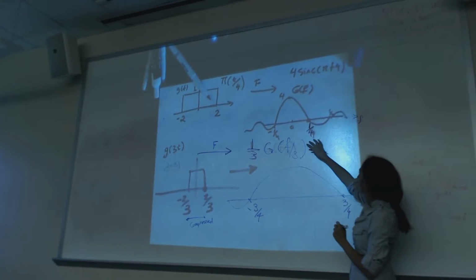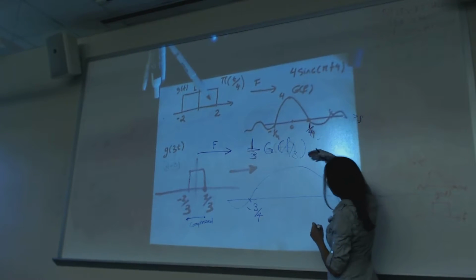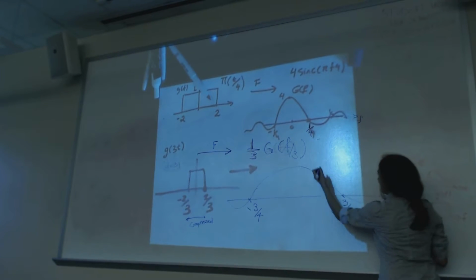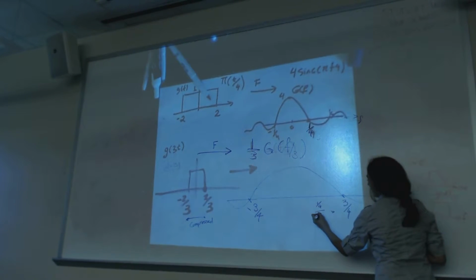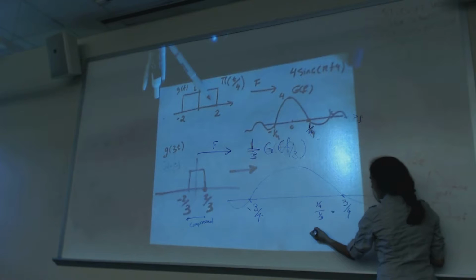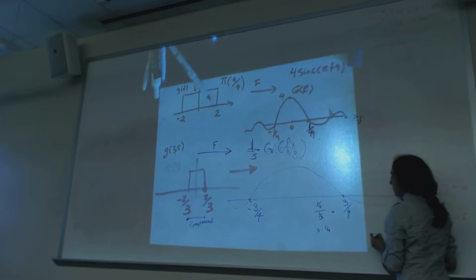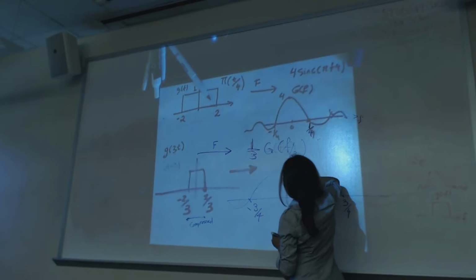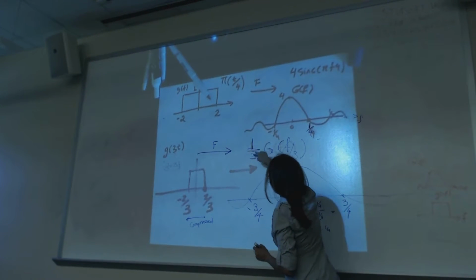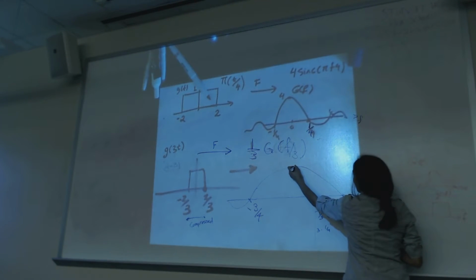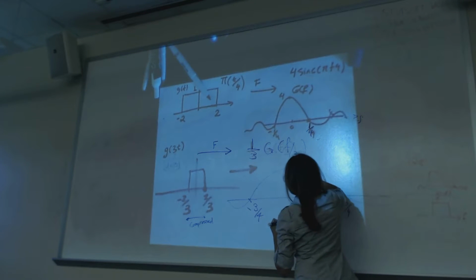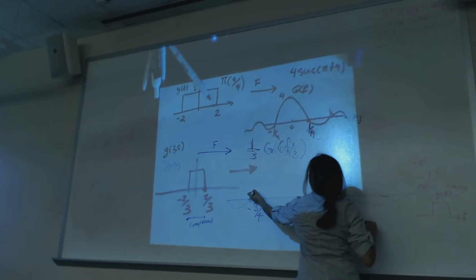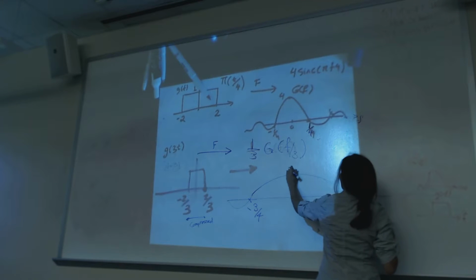So I basically divided these by 1 over 3, or in other words, I multiplied. I also have to change the magnitude here. I have to scale it by 1/3. So instead of 4, I have 4/3.